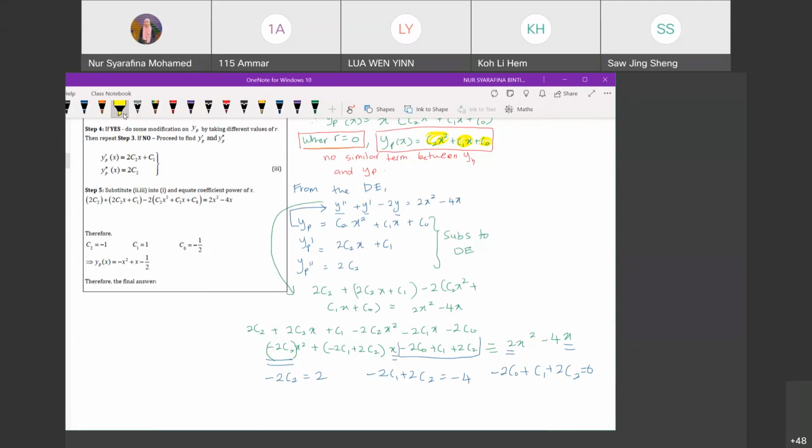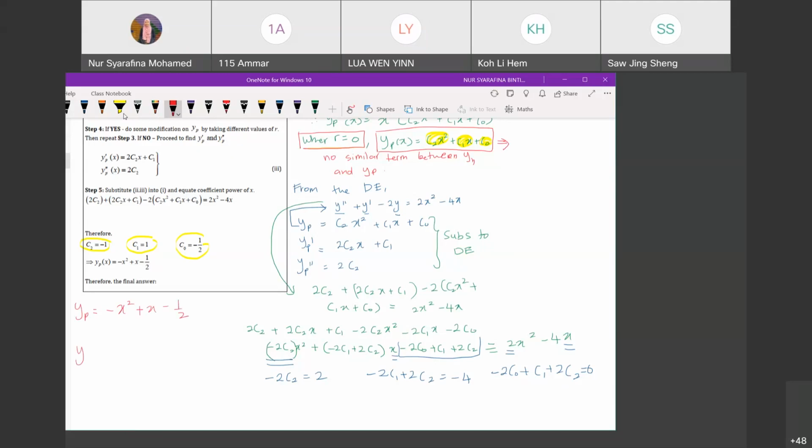Solving this, c2 equals negative 1. c1, solving this, you get 1. And c0 is minus 1 over 2. So now, when you obtain the values of c0, c1, and c2, remember that this is your yp. So your yp becomes minus x squared plus x minus 1 over 2.